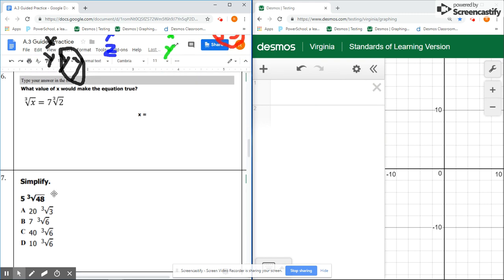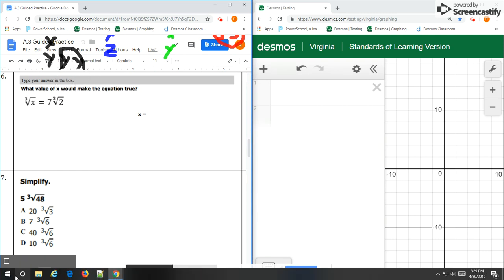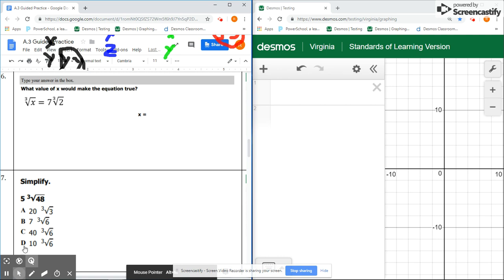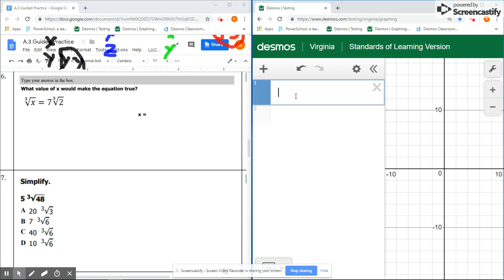Okay, and then we're going to go ahead and do number 6 here. So quickly, number 6. What value of x would make the equation true? This is also a little tricky. We can use Desmos to kind of help us check, but there's really no Desmos trick here for the answer, except let's try something here.